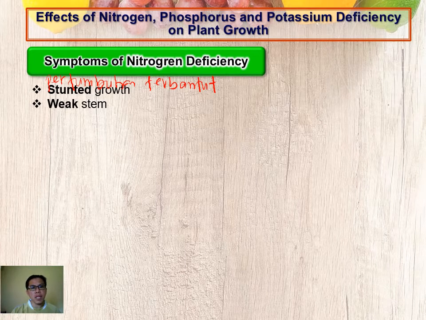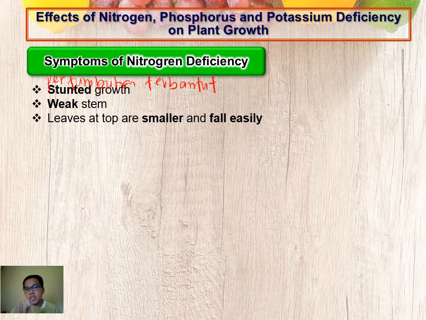Weak stem, batang yang lemah. Okay, means easy to brittle, senang pecah, senang patah. This is the important part yang kena ingat, iaitu leaf at top are smaller and fall easily. Daun di bahagian atas dia lebih kecil, smaller in size compared to the bottom one, and it is easy to fall. Senang untuk jatuh, senang kita cabut, dia tak kuat.